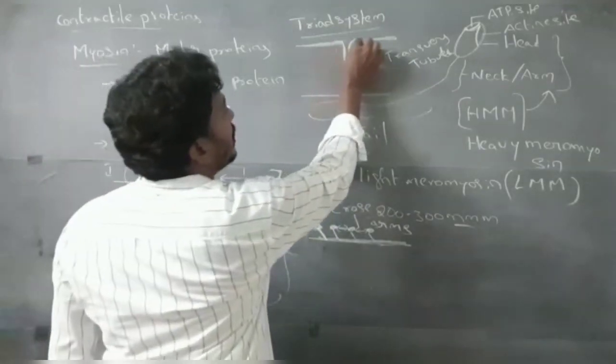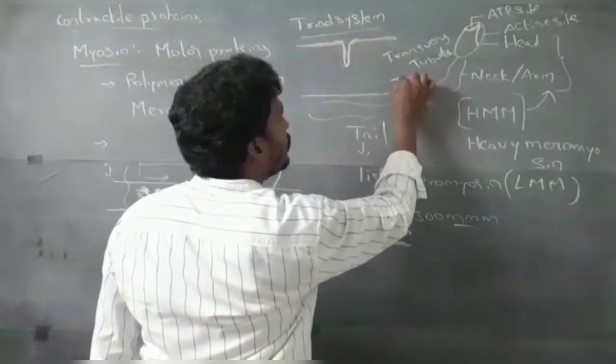This is the sarcolemma. It looks like a T shape, so these are called T tubules.